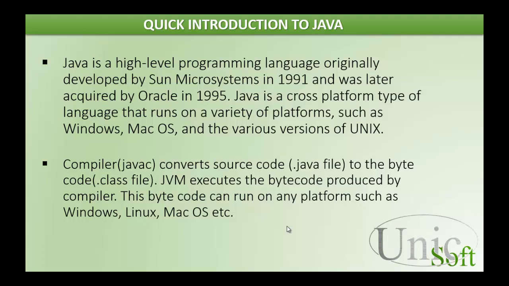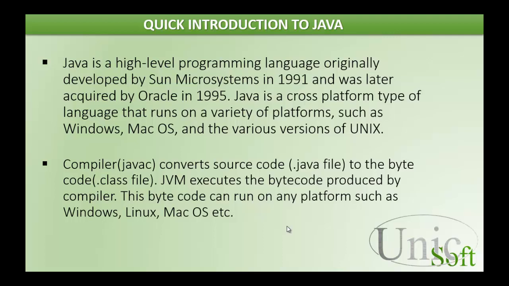So the concept is that the javac compiler actually converts the source code, all your source code in Java, to a byte code, and saves it in a .class file. Then the Java Virtual Machine actually executes the byte code produced by the compiler.